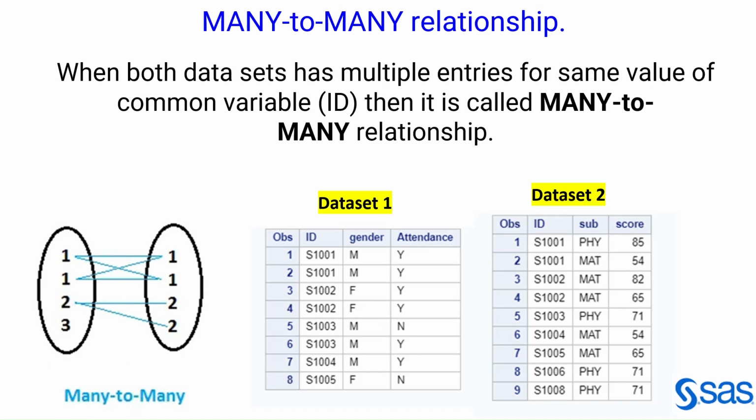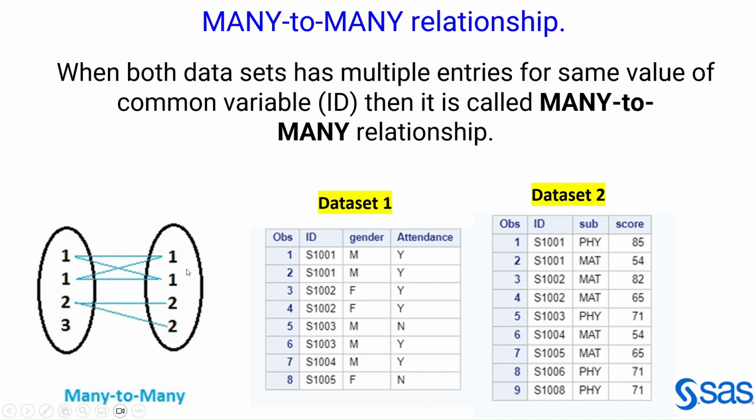The third one is the many-to-many relationship. In this situation, when both data sets have multiple entries or multiple values for the same common variable, then it is called a many-to-many relationship. This is a schematic presentation. You can see that these values are coming more than once in both the data sets.